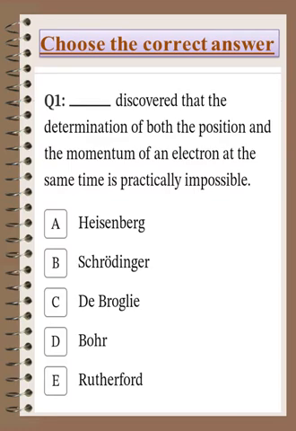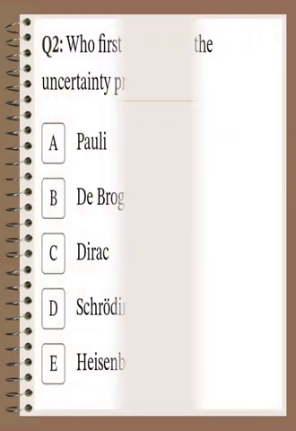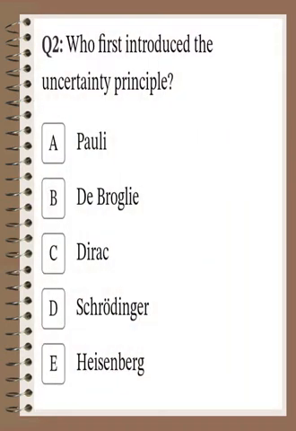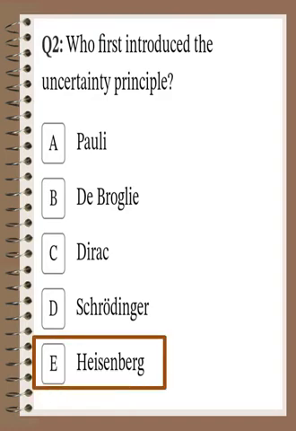It will be Heisenberg. Question 2. Who first introduced the uncertainty principle? We have here also Heisenberg.